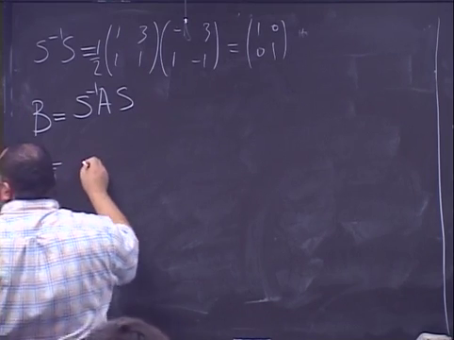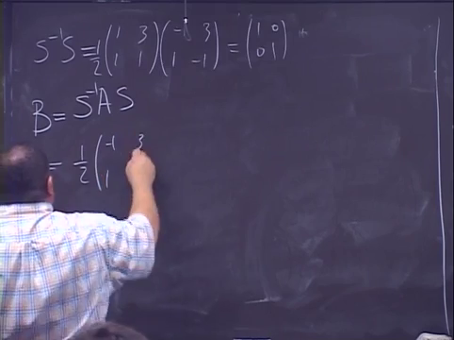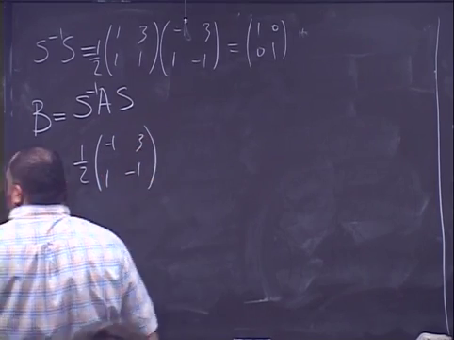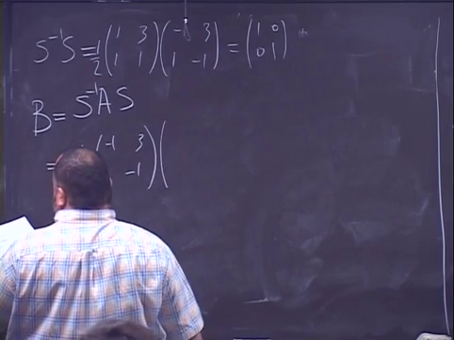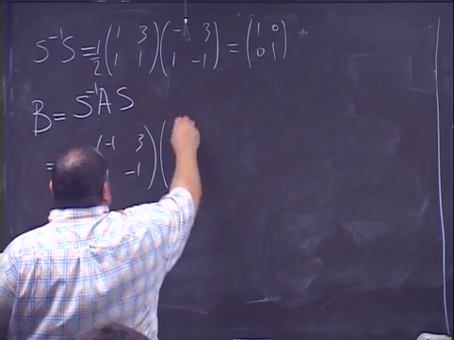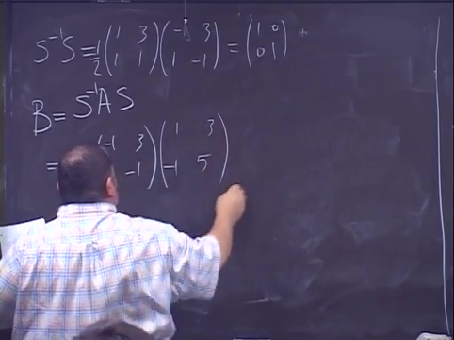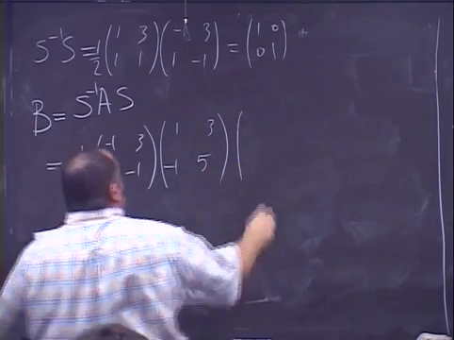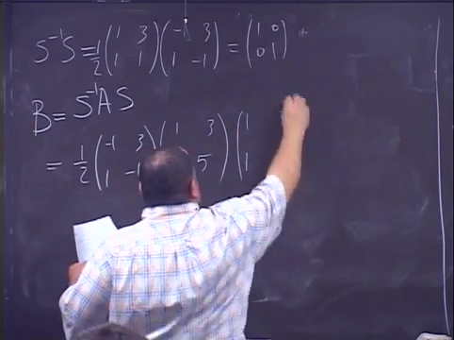What's S inverse? Half of minus 1, 3, 1, minus 1. And what's A? The original matrix is 1, 3, minus 1 and 5. And S is 1, 3, 1, 1.